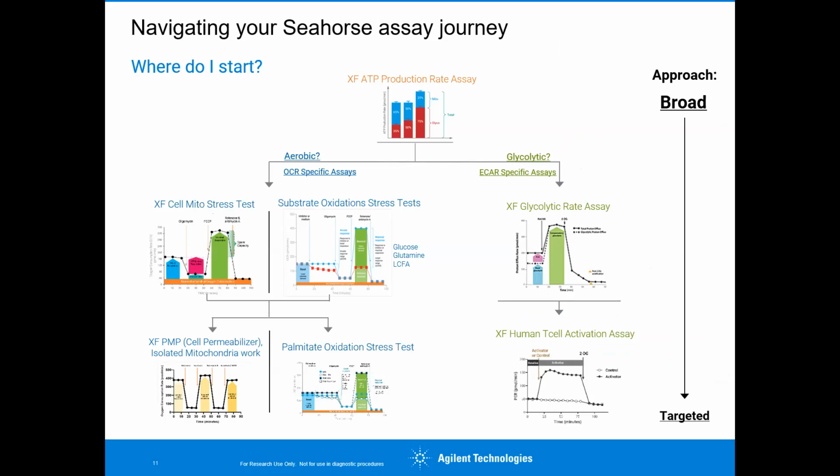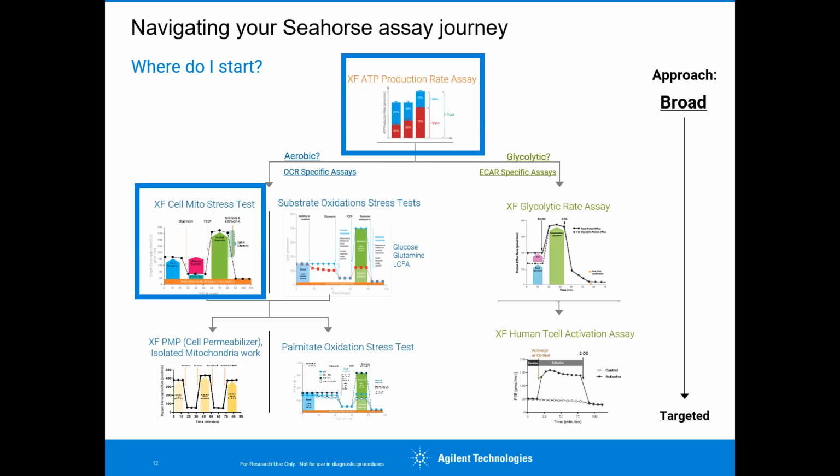I won't go through all the assays, but know that you can start from the top looking at the ATP production assay and then go to the Cell Mito Stress Test Kit, which is actually the most common assay used, although the ATP production rate assay, because it's so simple, just uses 2 injections, oligomycin and then rotenone/antimycin A. Those 2 assays are a fantastic way to start and get familiar with the Seahorse and cell metabolism.